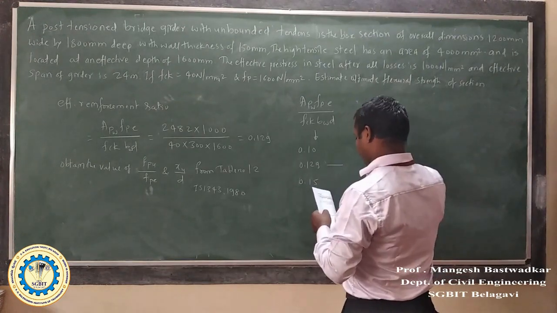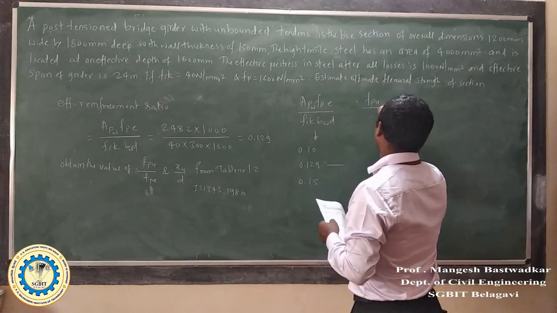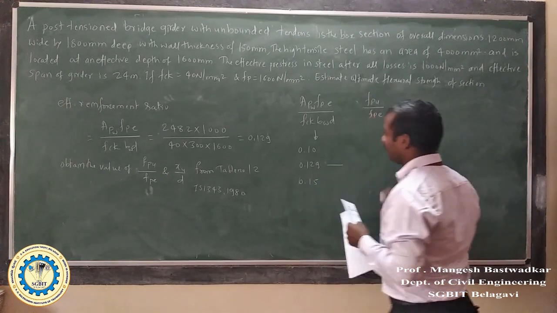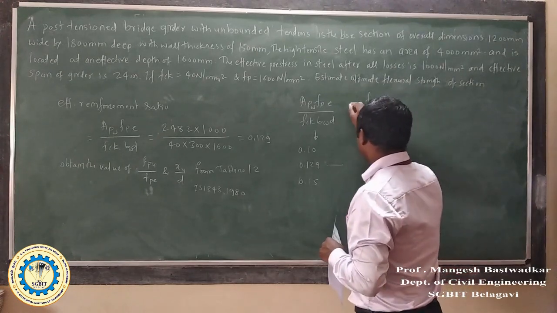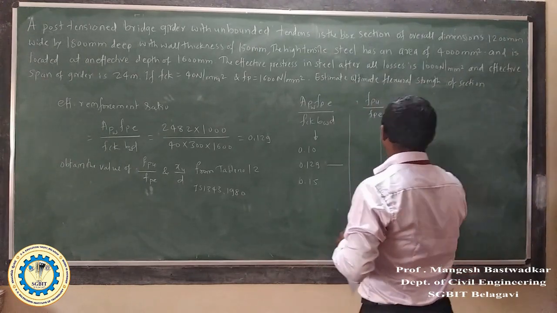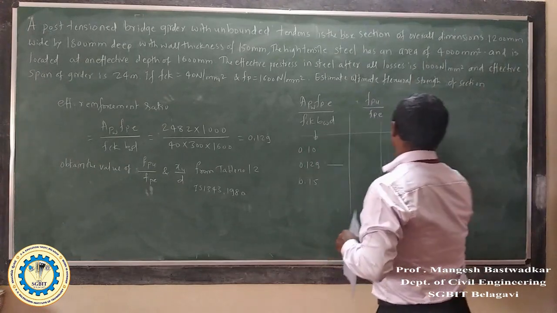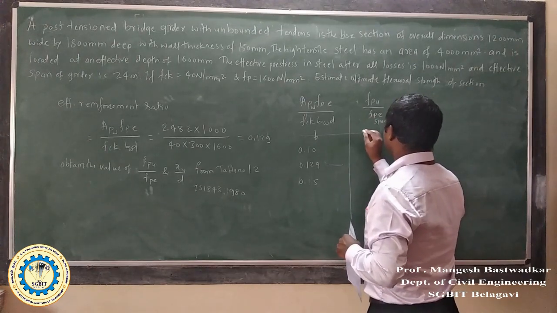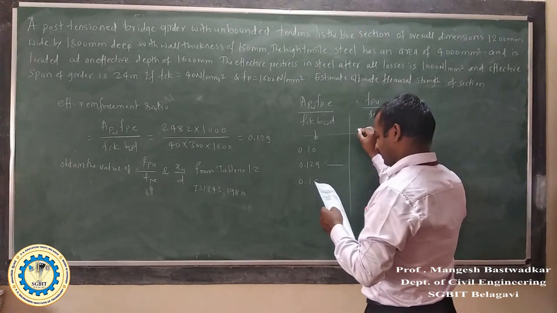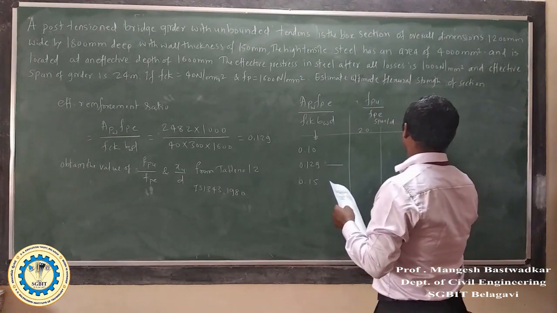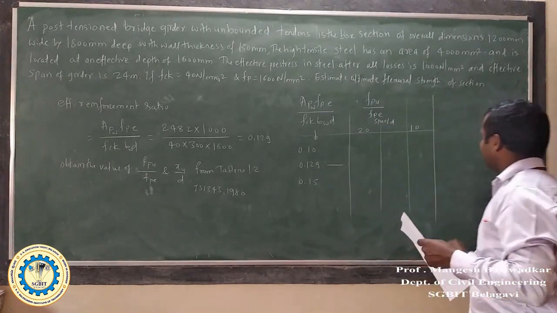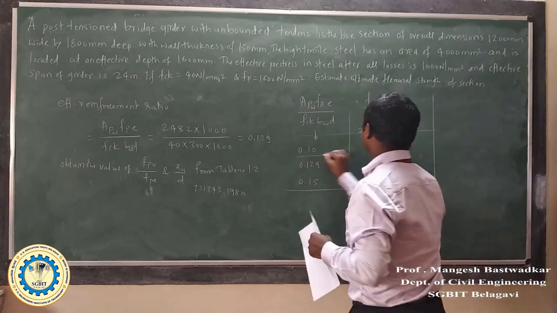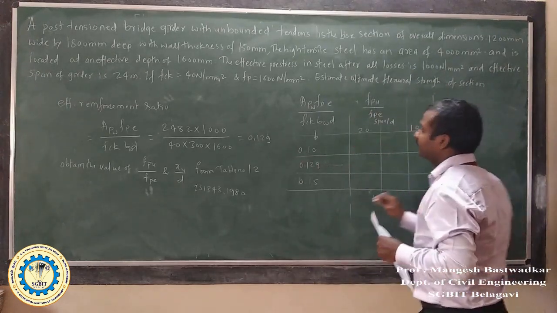Okay, then here fpu by fp, this ratio we need to find. For this we have to draw a table, because here for span by depth, this is span by depth ratio 20, then 10. So draw a table like this.